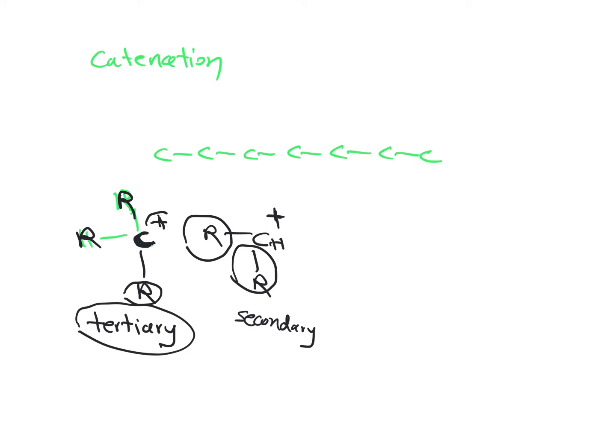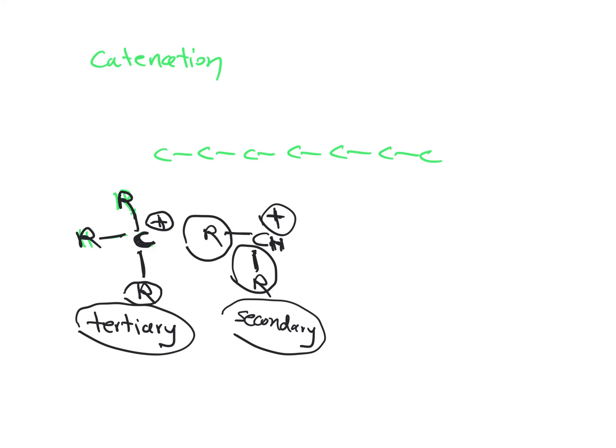But since it has a positive charge, it's lost an electron, so it's not sharing anymore. The valence is now 3, as in 1, 2, 3 bonds. Does that make sense? So for secondary, it attaches to 2 different groups and 1 hydrogen, and the positive charge is why we have 3 bonds.